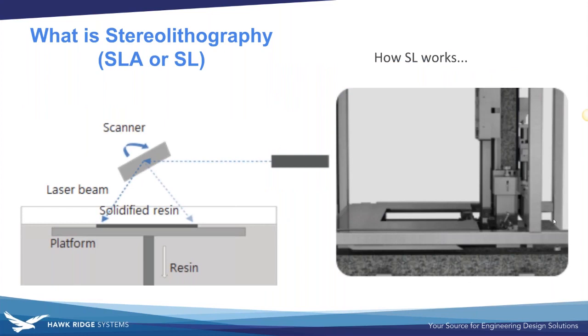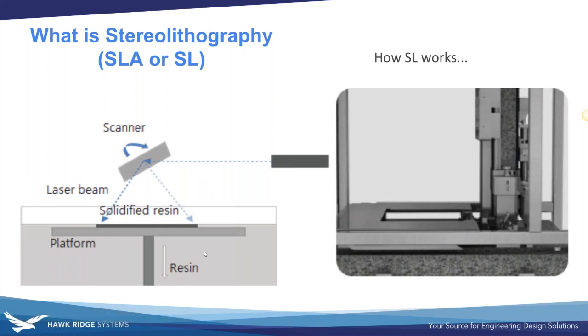So this is a picture of the side of the SLA printer. Here's another detailed view of it. We'd have a laser, the scanning system, which is a mirror that moves to adjust where that laser should hit. We have the solidified resin right here, and then we have the platform that moves down and the resin around it.